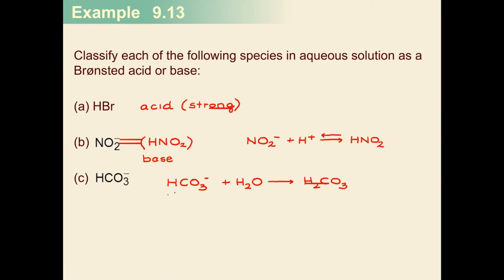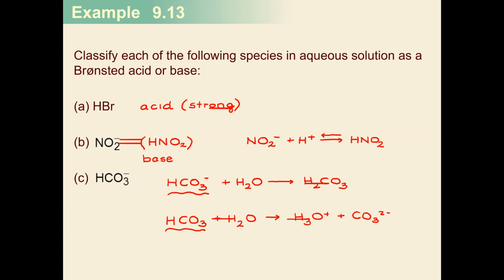In this example, this would be acting as a base. But there is some likelihood that this H could also be deprotonated by water, and you would end up forming H3O plus and the carbonate anion. So now in the second example, this is acting as an acid.